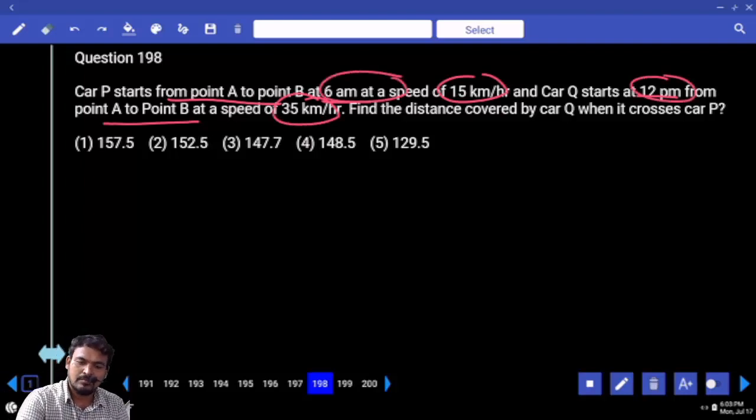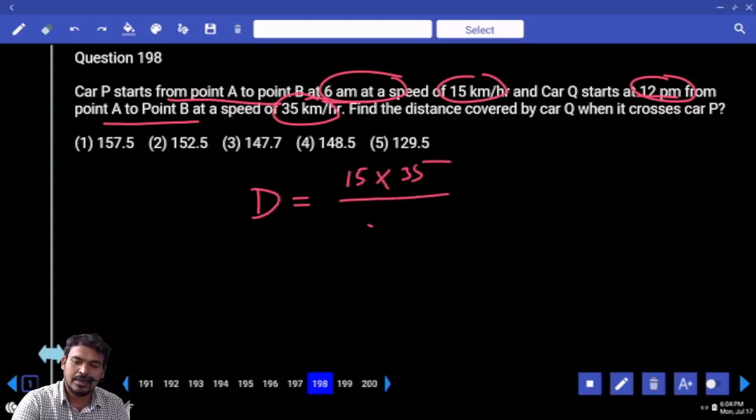Then we require the distance value, so we apply the difference of the time concept: product of the speeds by difference of the speeds into time difference. The first speed is 15, the second is 35. It is product of the speeds divided by difference of the speeds, 20, into time difference 6 hours. 5 goes 3 times here and 4 times there.